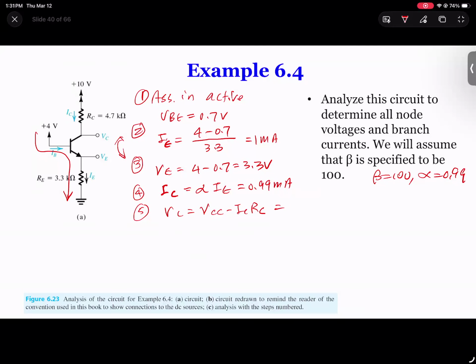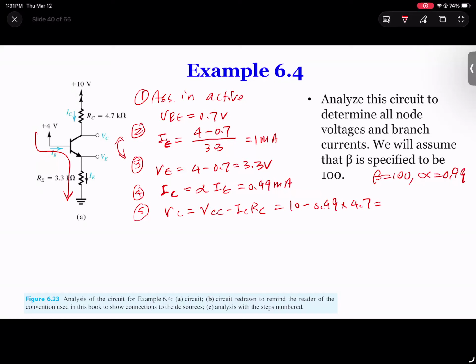So I'm going to plug in the numbers, see what we get. It's going to be 10 minus 0.99 times RC, which is 4.7. Anybody has a calculator? I'm going to get some numbers because we want to determine whether it's in saturation or active mode. If we don't have the number, we cannot go back to verify.